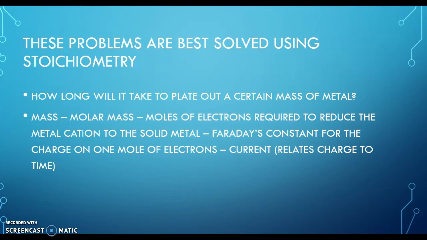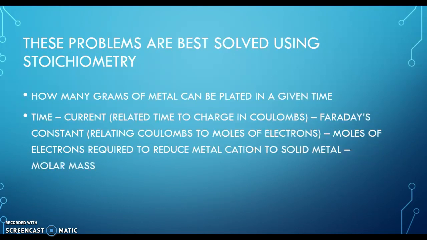You're going to be either asked, how long will it take to plate a certain mass? So we'll take the mass to the molar mass, and the moles of the metal to the moles of electrons required to reduce the metal cation to the solid metal in the half reaction. Then we're going to use Faraday's constant, again as a fraction-style ratio, to find the charge, and then we're going to use the current as a fraction-style ratio to relate the charge to the time.